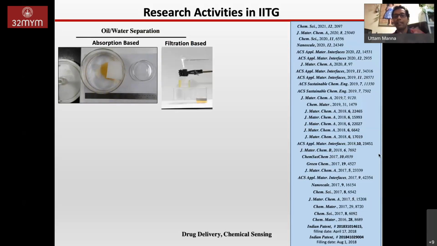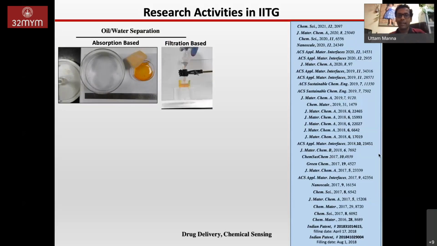Not only that, for industrial applications, suppose you have oil contaminated industrial waste, and before you throw it out or it reaches the mainstream water, you want to separate the oil from the water.